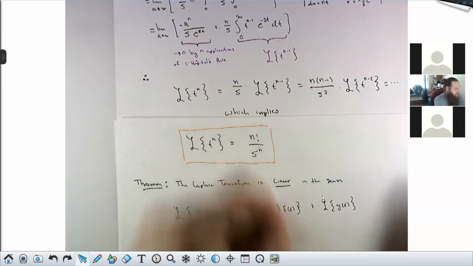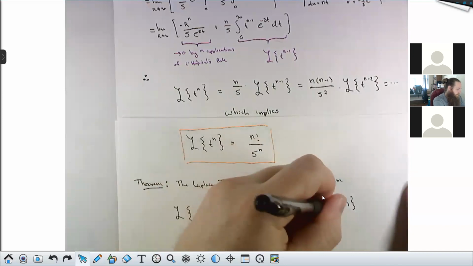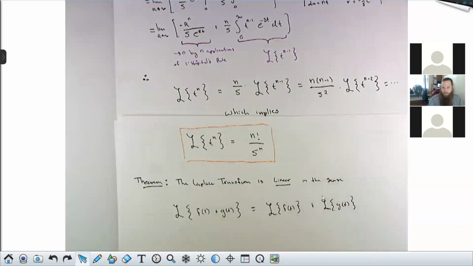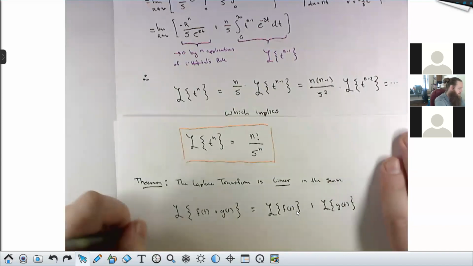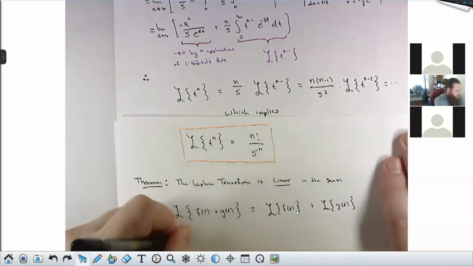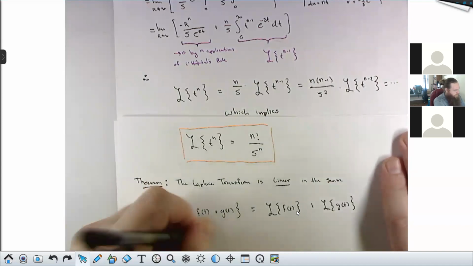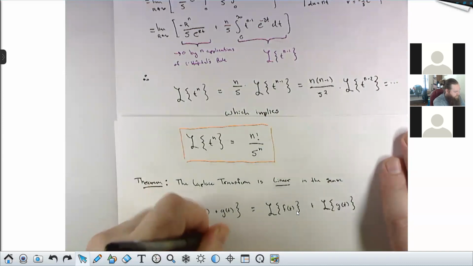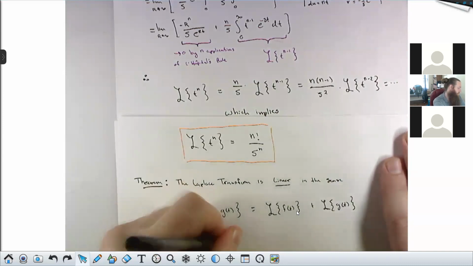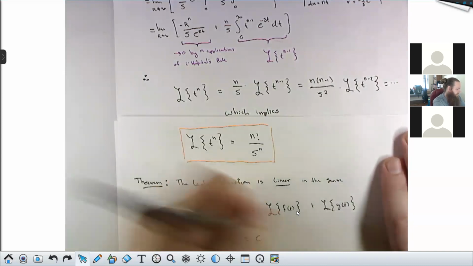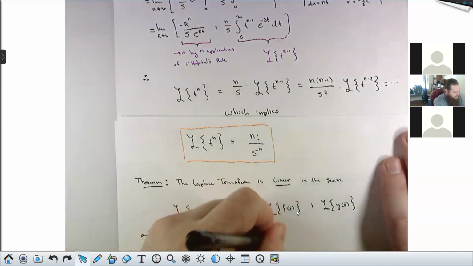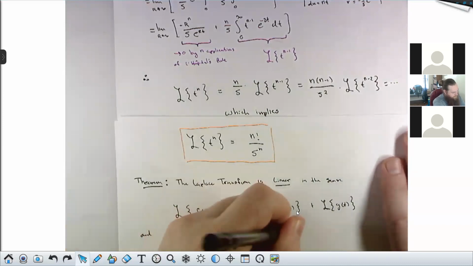So I want to find the Laplace transform of t plus t cubed or something like that. Find the Laplace transform of t, find the Laplace transform of t cubed, add them up. And the Laplace transform of a constant times a function is equal to that constant times the Laplace transform of the function.